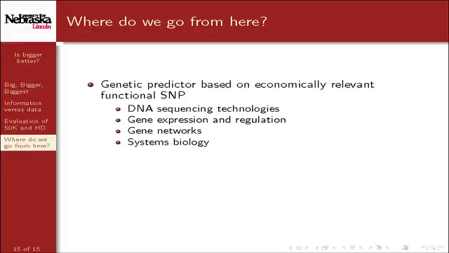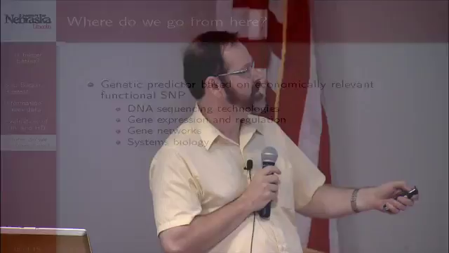I'm confident when I come here next year we won't be there, but that's where we're heading. There's a lot of tools coming into that. You've seen some talks about getting DNA sequence information coming along. So we're starting to get more and more of that, and that's going to give us a lot more depth.